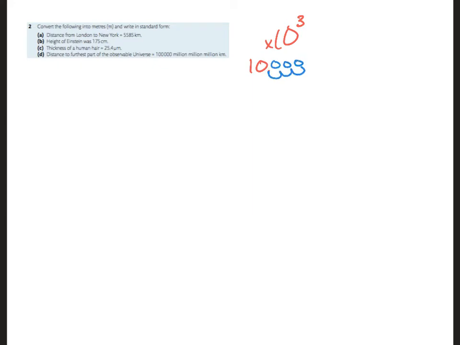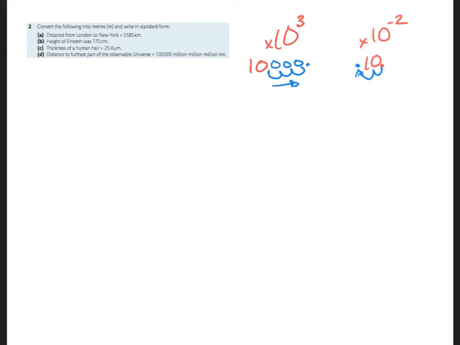A positive exponent means our decimal is going to move to the right. If we have a negative exponent, that means our decimal is going to move to the left. Okay? So this is what we're looking at here, ladies and gents.